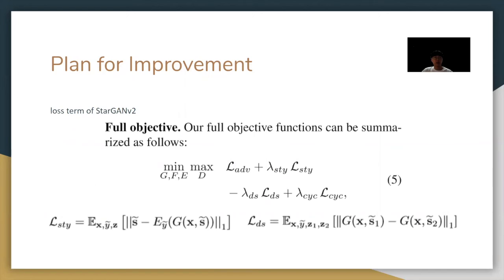L_adv means adversarial loss directly associated with the performance of the generator. L_sty means how much the style factor is reflected in the generated image. L_ds is maximized to enlarge diversity among generated images for each different style, and L_cyc has information on how the generator controls reversible factors in images as well.